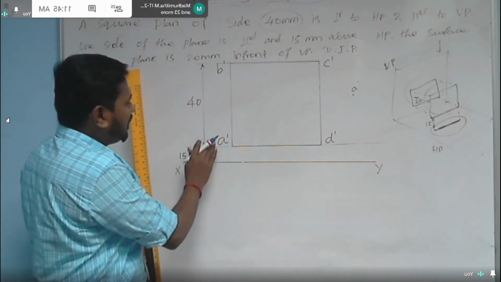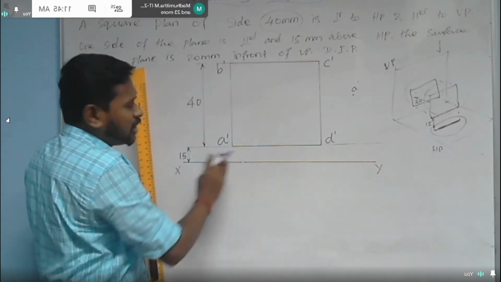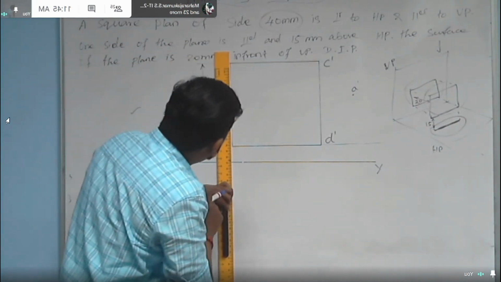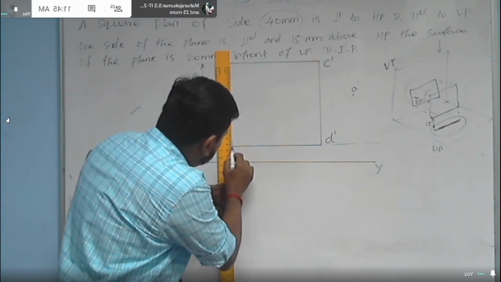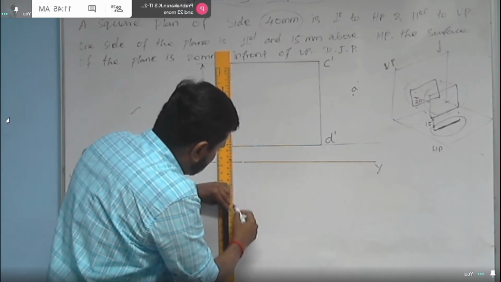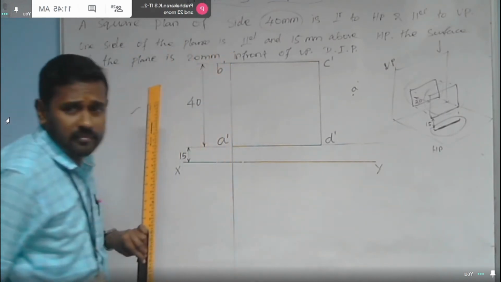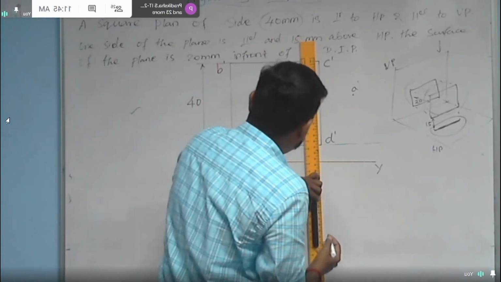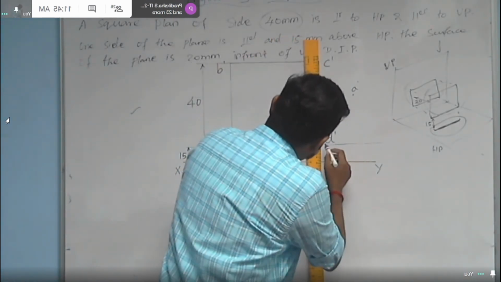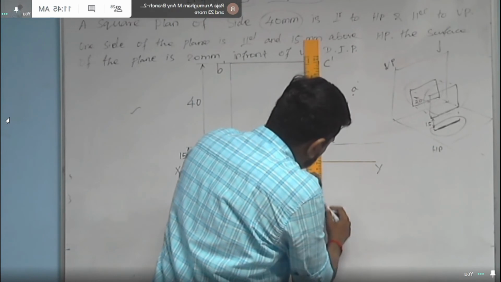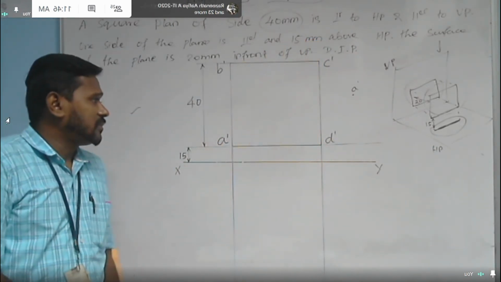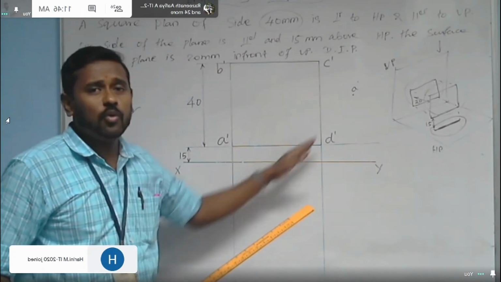By nature, A dash B dash is perpendicular to XY, so I am going to have only one projector, which is common for A and B. So I needed to draw it like that. And meantime, I needed to draw the projector for C dash and D dash. Completed. Now the front view is over.